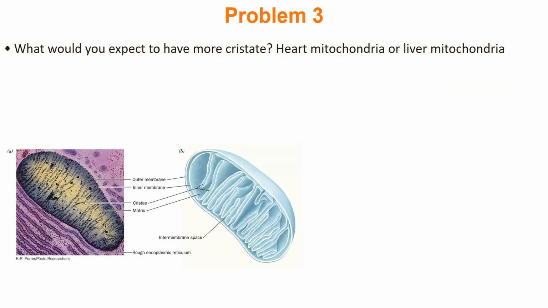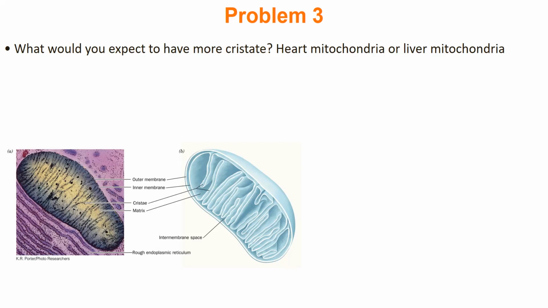All right, so the answer for this would be the heart. Remember, I just said that these cristae are what is keeping our pH gradient. So the more of these you have, the more oxidative phosphorylation reactions you can run, the more pH gradients you have.